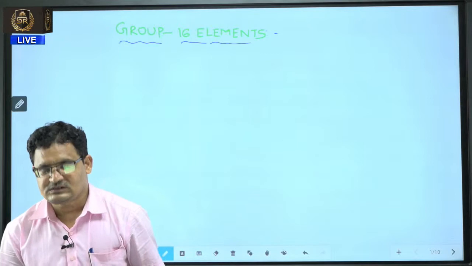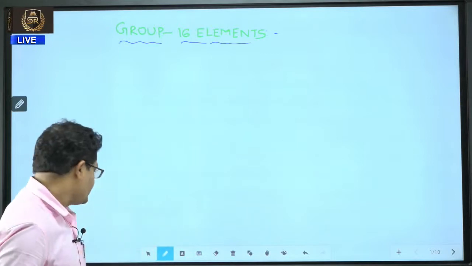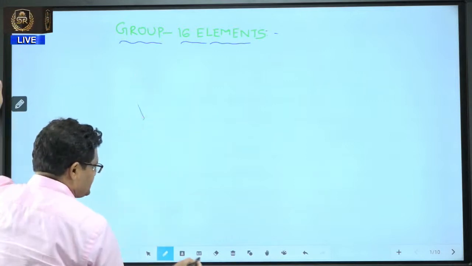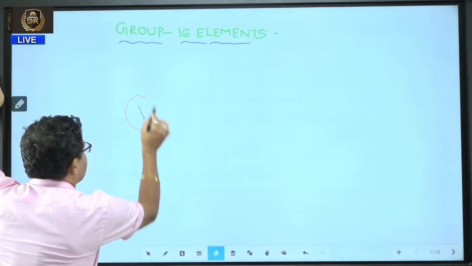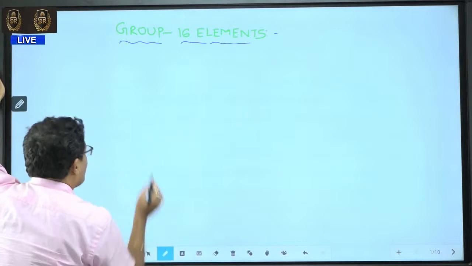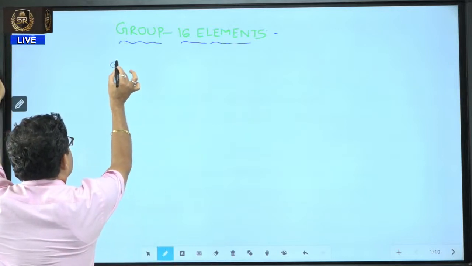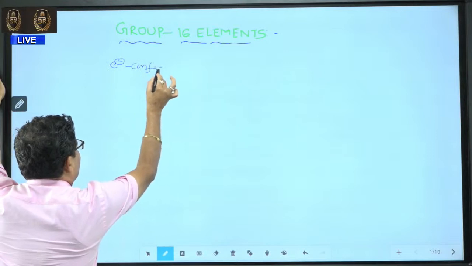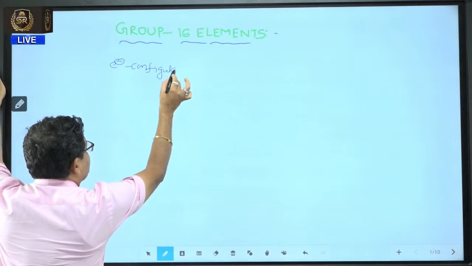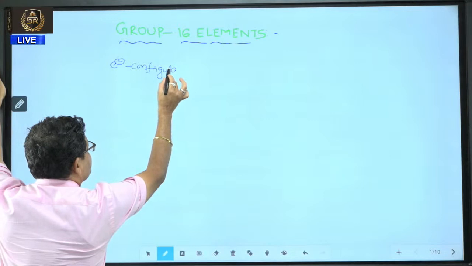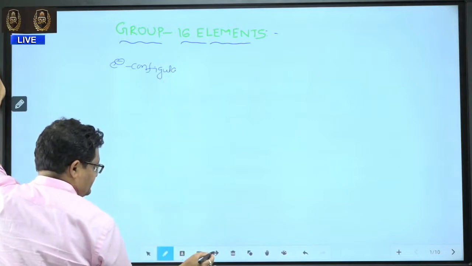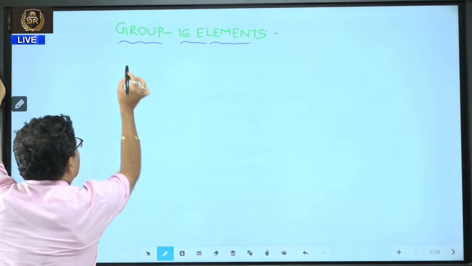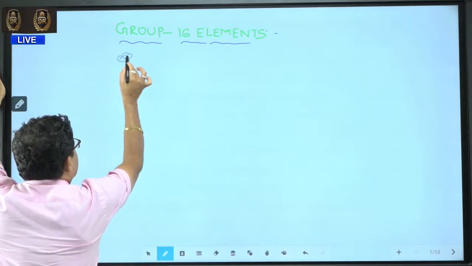Now first write the electronic configuration. What is the sixth group element's electronic configuration?